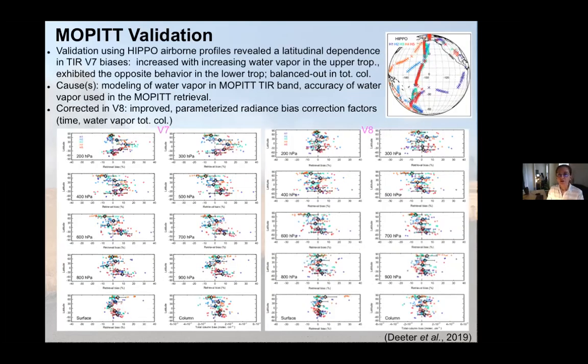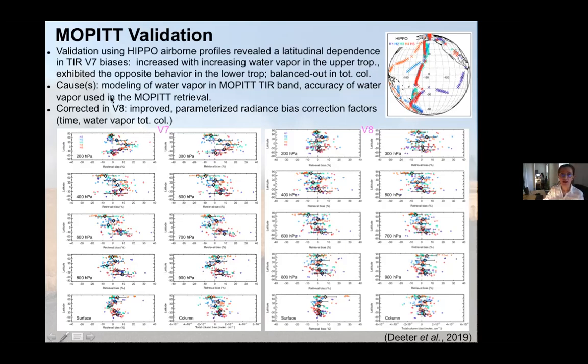More about validation. By validating, we learn a lot about the MOPITT dataset. In this case, for instance, in this comparison with respect to HIPPO, you have here in the upper right the traces of the location of each vertical profile from the different HIPPO campaigns. In this comparison, we realized that MOPITT had a latitudinal dependence on water vapor.